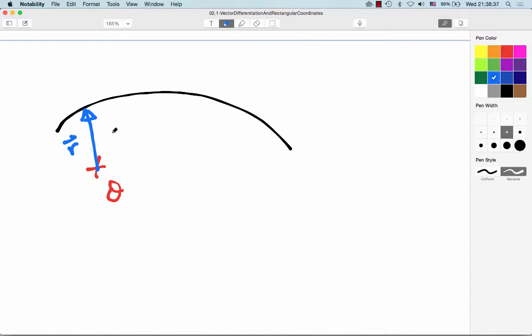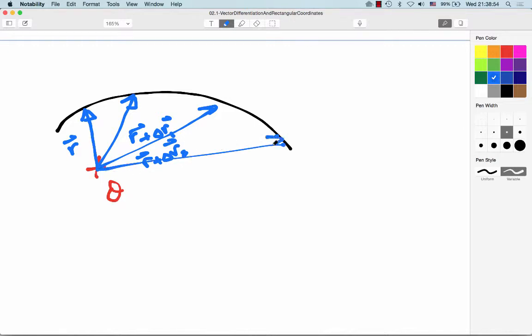We'll just call that R. There's my second one, call that R plus delta R1. There's my third one, R plus delta R2. And then finally we end up over here, let's say R plus delta R3.